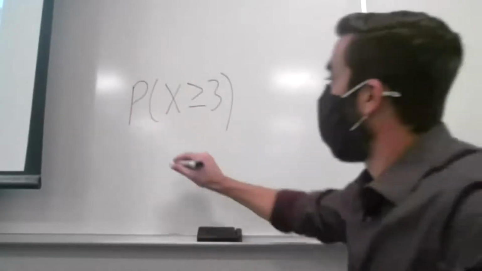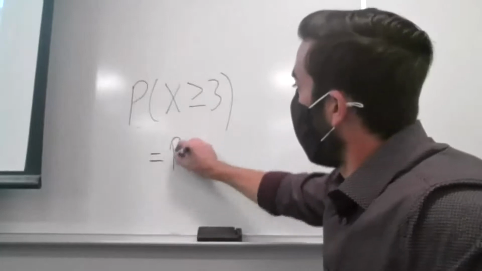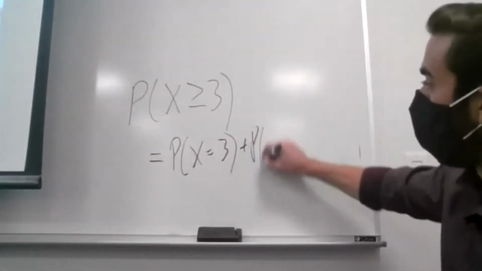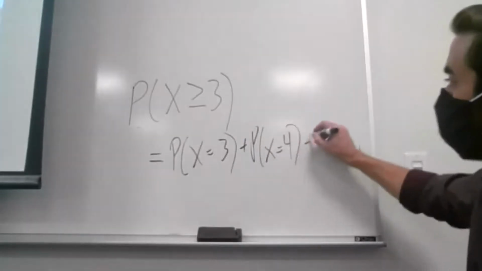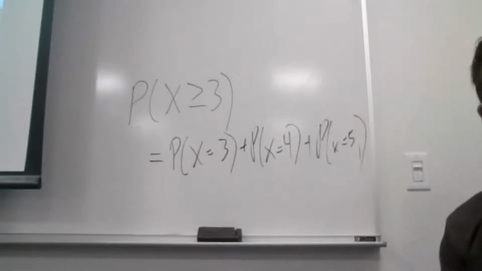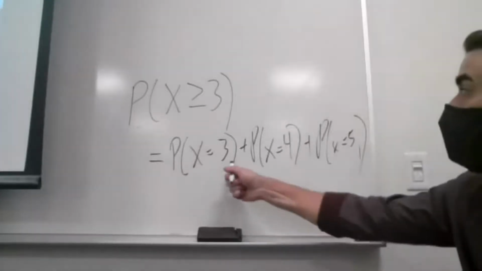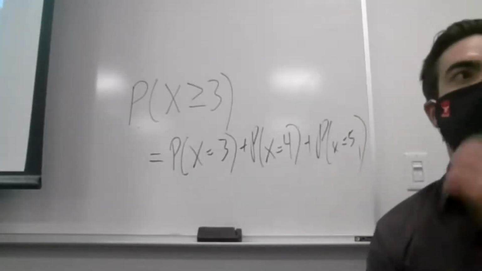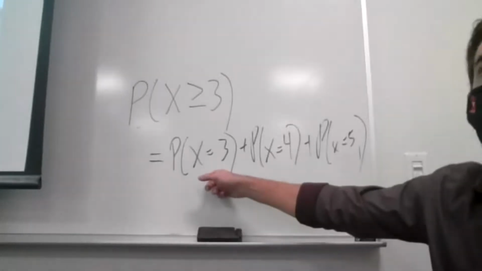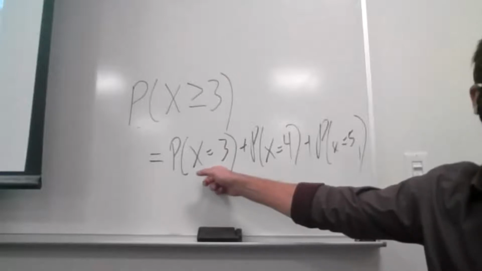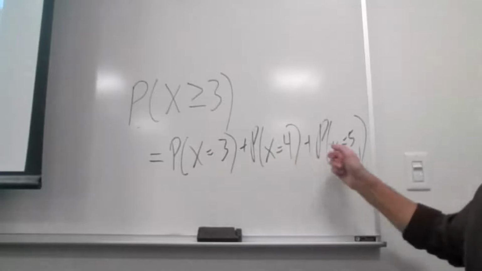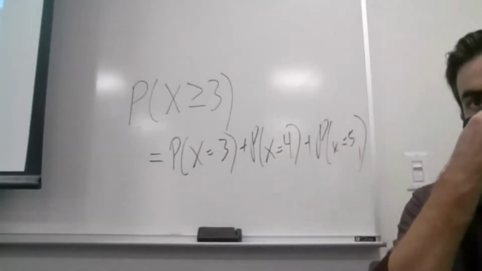So really I could rewrite this as the probability that x is equal to 3 plus the probability x is equal to 4 plus the probability x is equal to 5, right? Now, to find each one of these probabilities, I'm going to have to use that binomial equation each time. So I'll use it here and plug in for x equals 3. I'll use it here, but now x will be 4, and then I'll use it again here, but x will be 5, right?